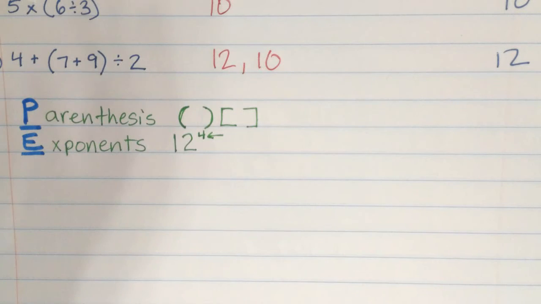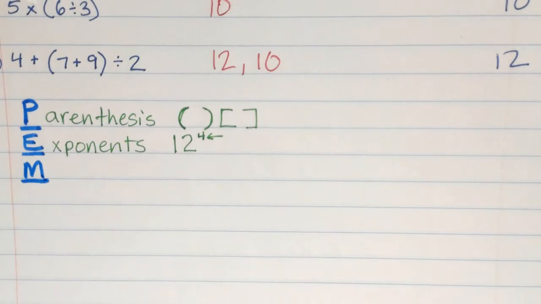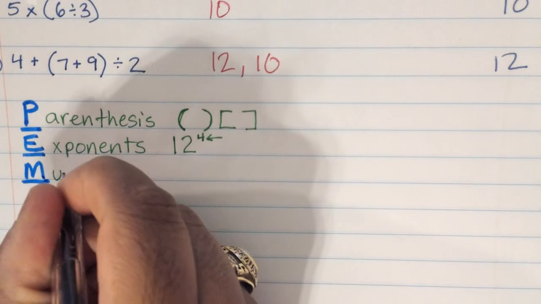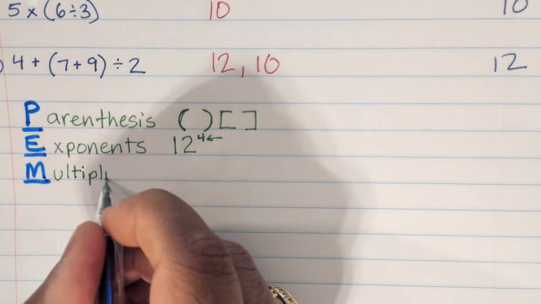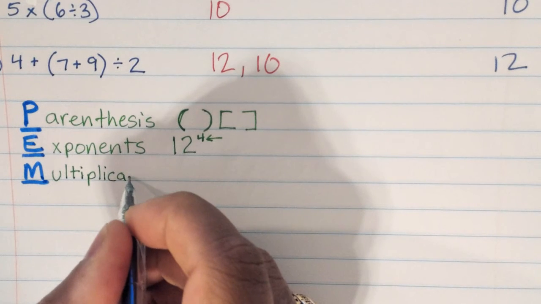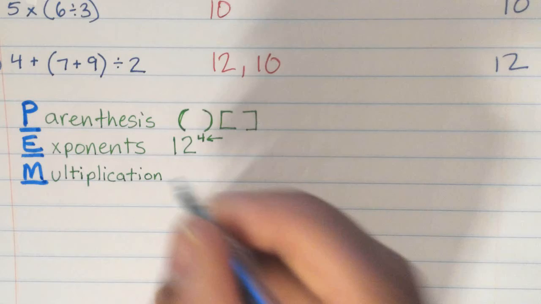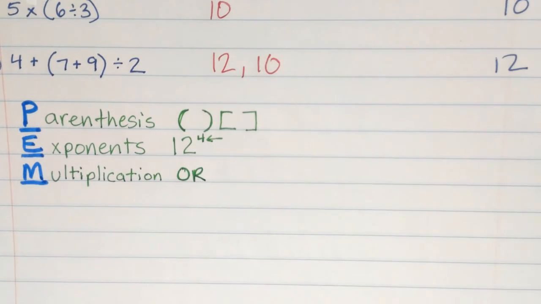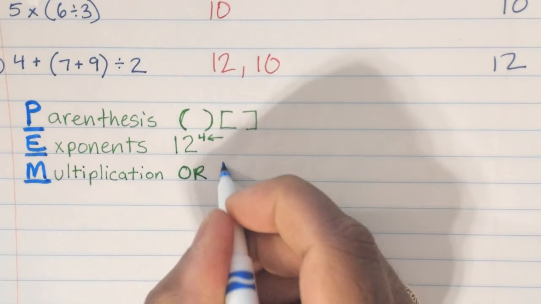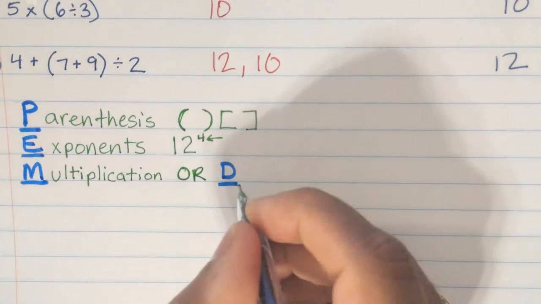Now next one is an either or. Okay. We do whatever comes first. We either multiply or do multiplication or division.